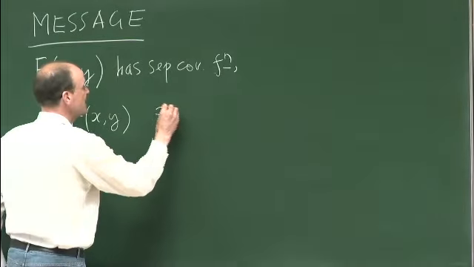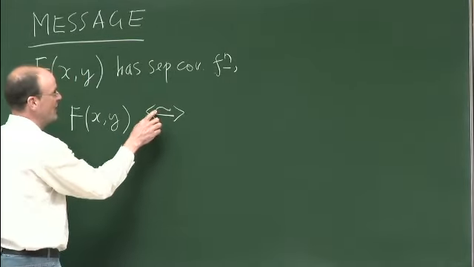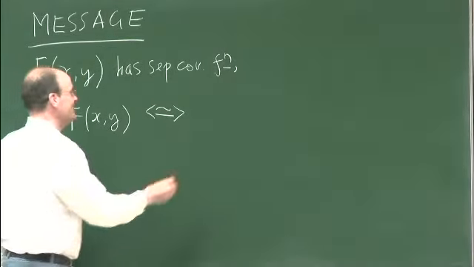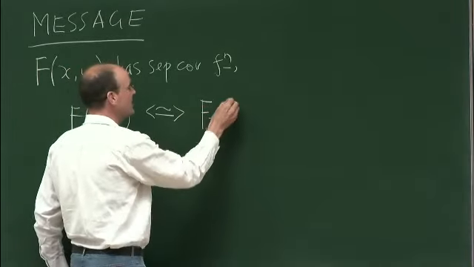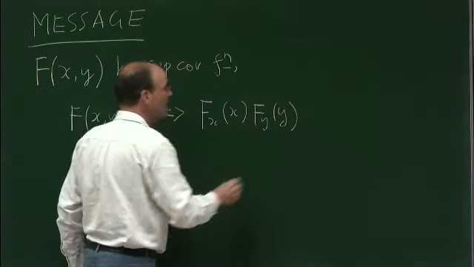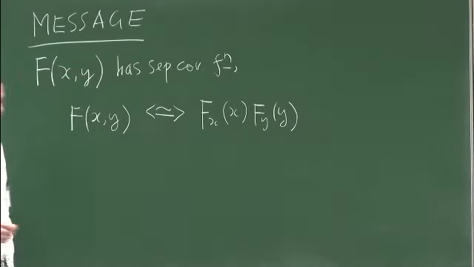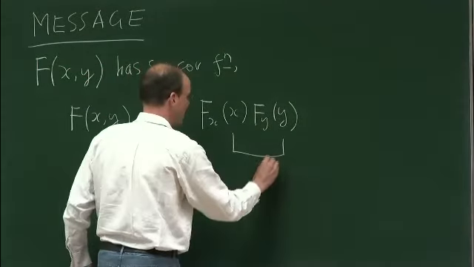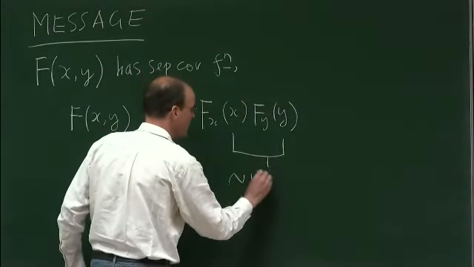It is effectively equivalent, so that's not quite equivalent, there's a little wiggle there, right, to the product of a process in x and a process in y, and these two processes are effectively uncorrelated.